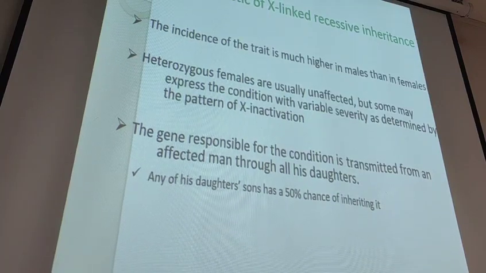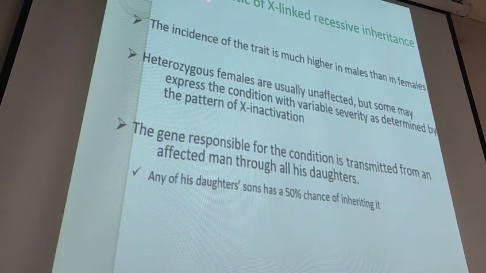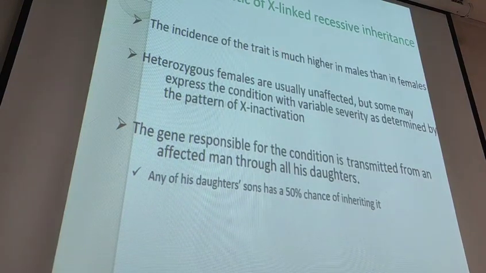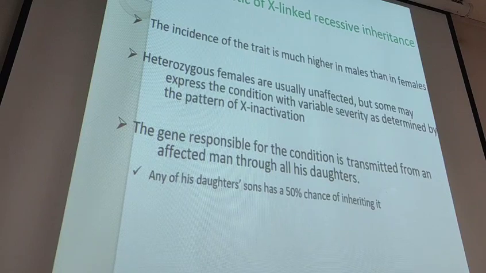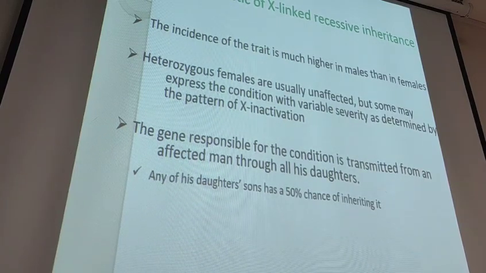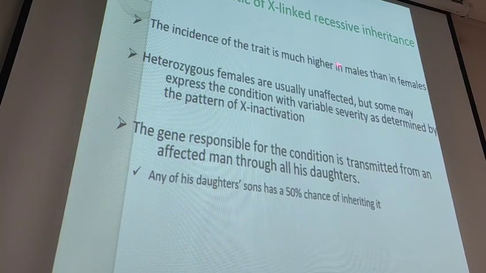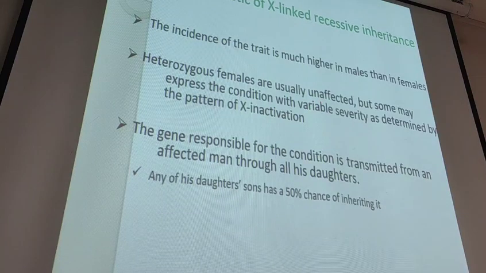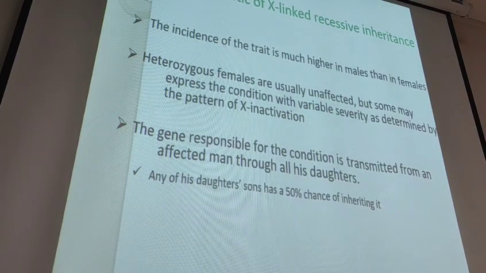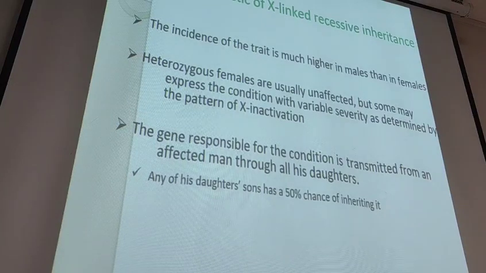There are some characteristics also for X-linked recessive inheritance. Usually the incidence is higher in males, or we can say only males will be affected even. Usually heterozygote females are unaffected, but maybe they will have the phenotype in some degrees because of what?